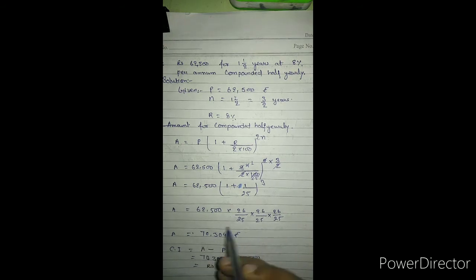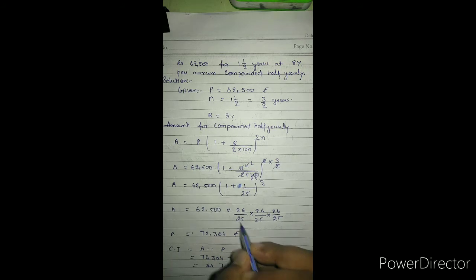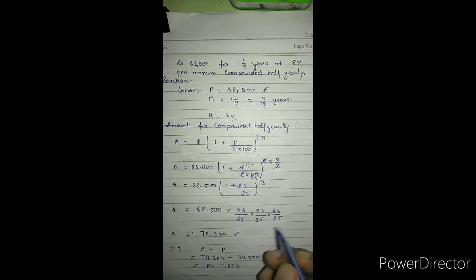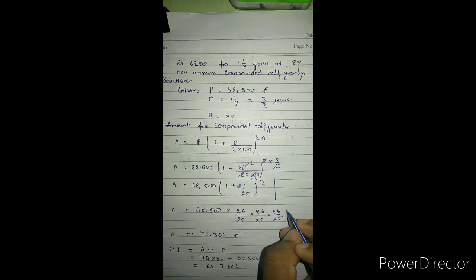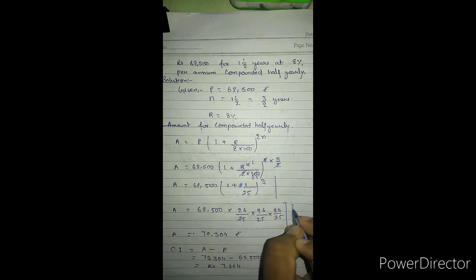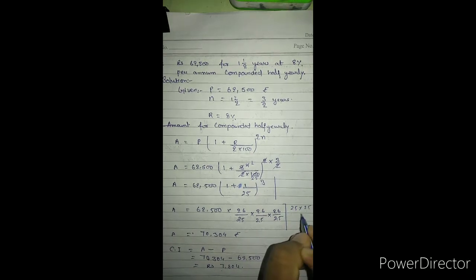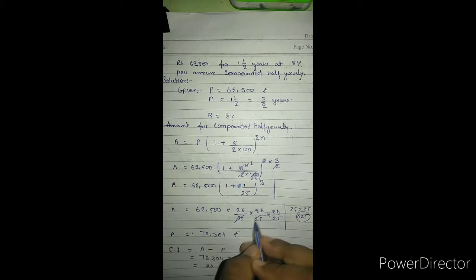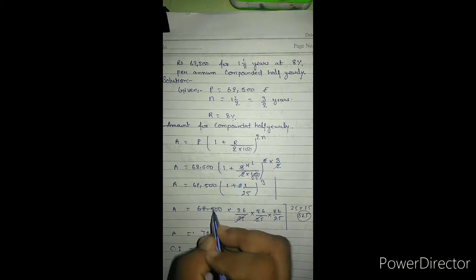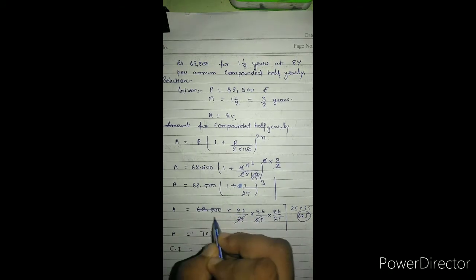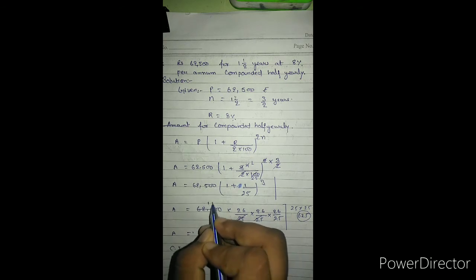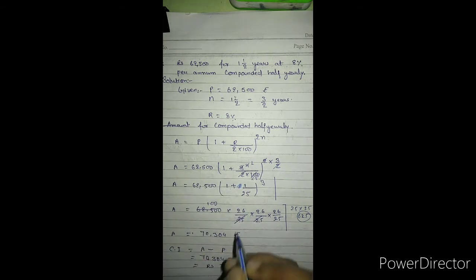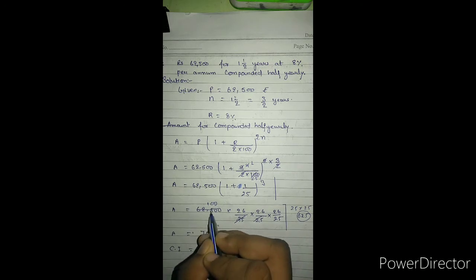Now we know that 25 into 25 is 625. The square of 25 is 625, so we can cancel it.